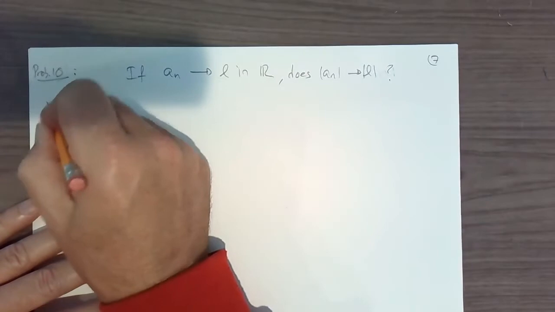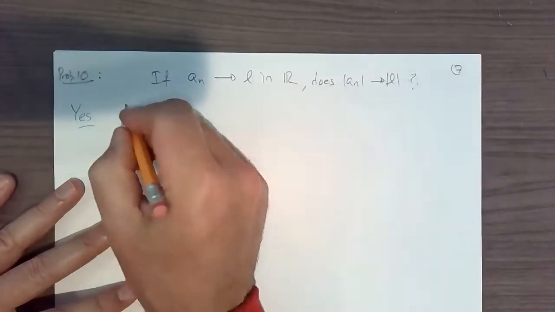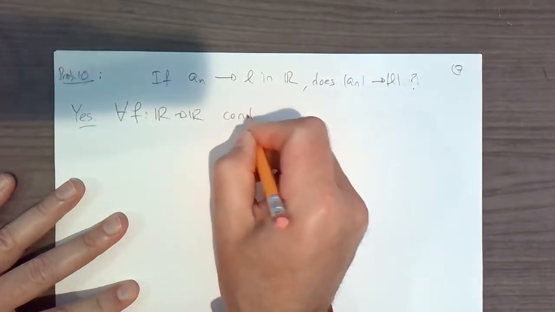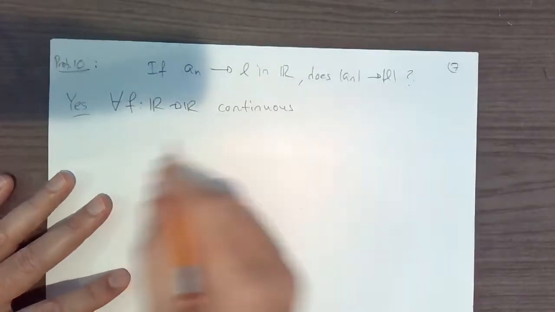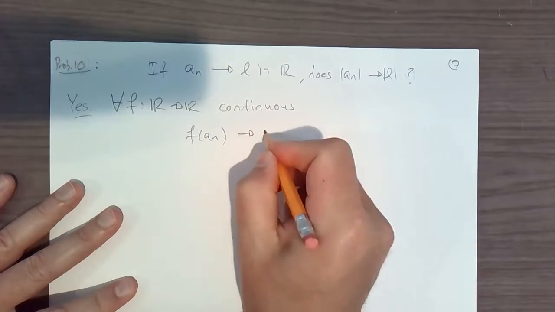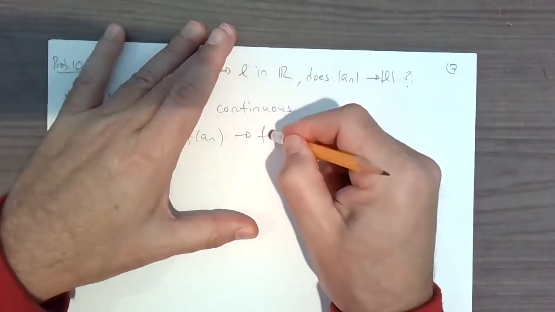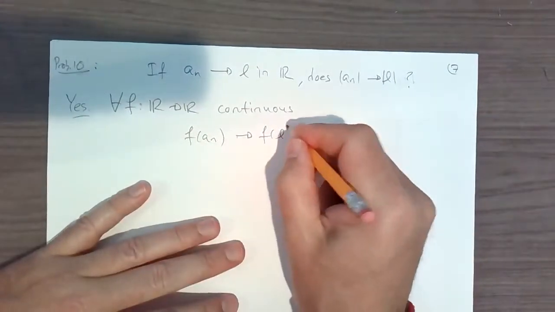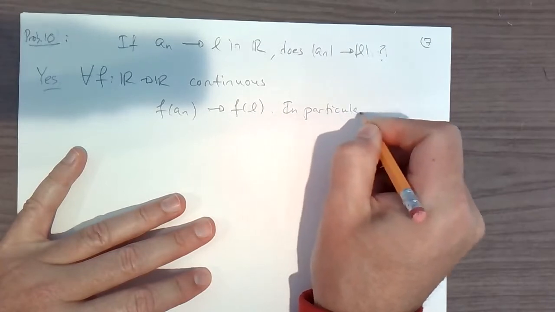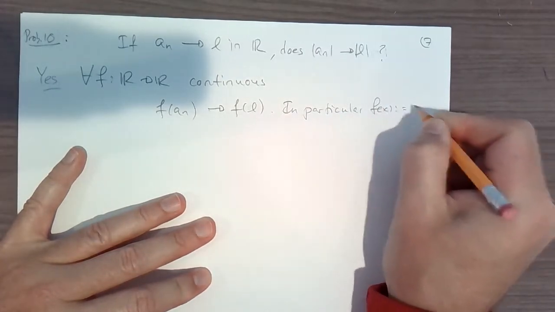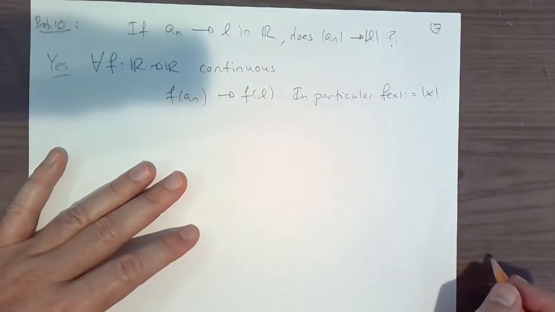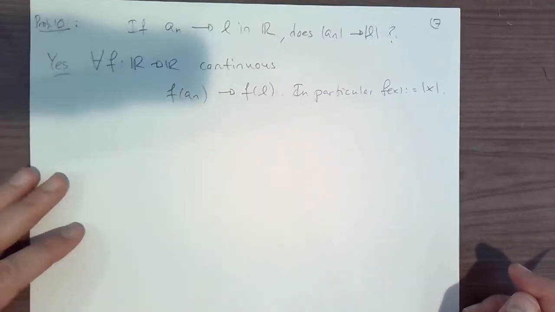Yeah, we proved this in class, but now we have proved so much more, right? Yes, so for any function that is continuous, we would have that f of a_n would converge to f of L. So in particular, f of x being the absolute value function. So that's good.